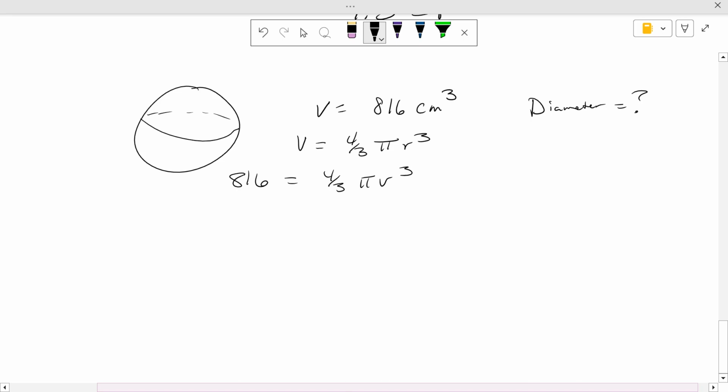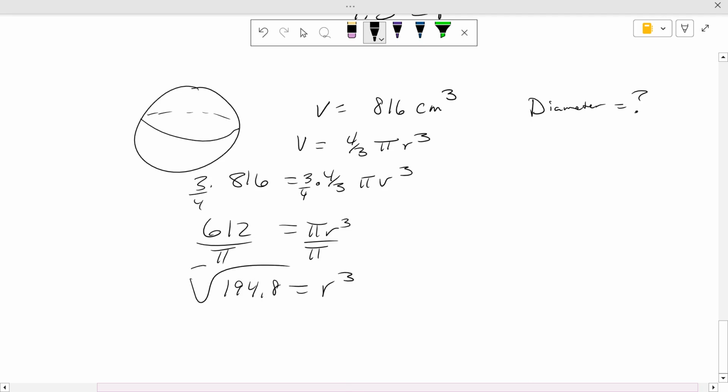First step is to multiply by 3/4 on both sides. And what do we get? 612 equals pi r cubed. Divide by pi. 194.8 equals r cubed. And then take the cube root.